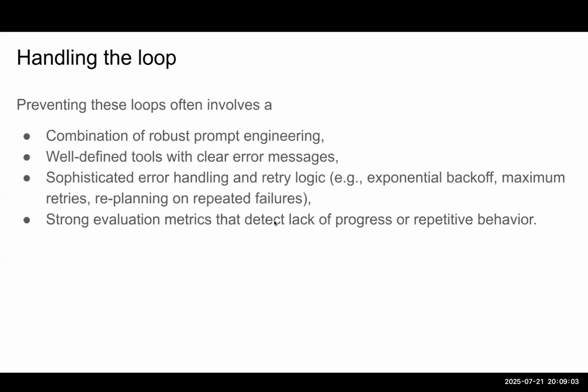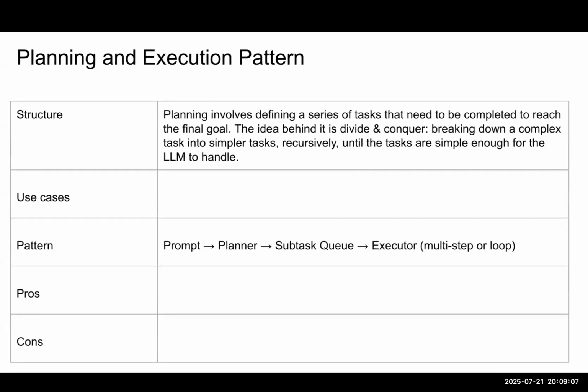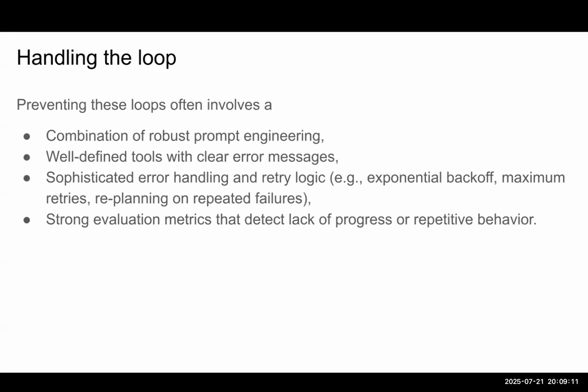Let me come out of this loop. Now I'm going to show an example of the planning and execution pattern, but I think I switched the slide. The React pattern had the loop problem, right? How do we handle the loop?